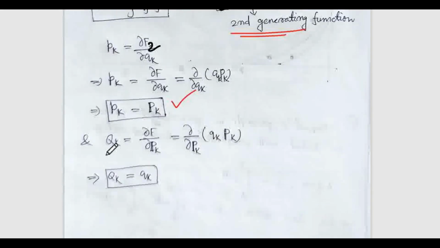And likewise, if you differentiate the second generating function F2 with respect to capital P_k, then you will find small q_k is equal to capital Q_k.